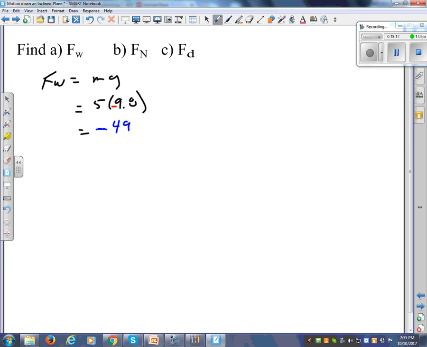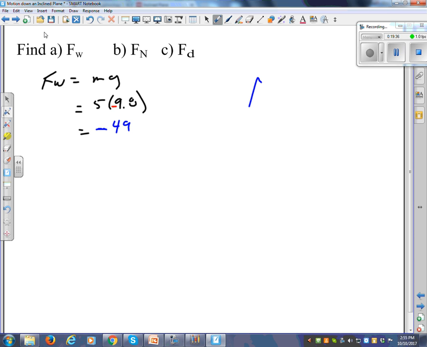You're talking about the weight force, which is straight down. They're both correct. Things are not black and white anymore. So it's negative.